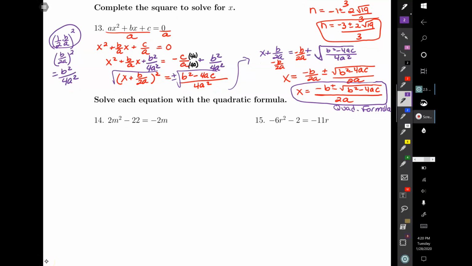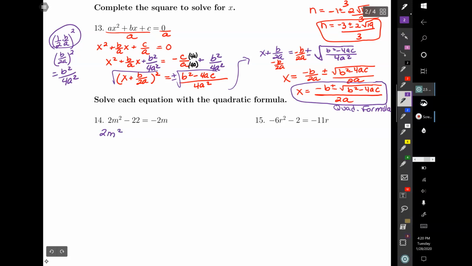Okay, so number 14 is 2m squared minus 22 equals negative 2m. So the first thing you could do is you could just factor out a 2 from here and divide both sides by it. But I'm going to start by setting it equal to 0.